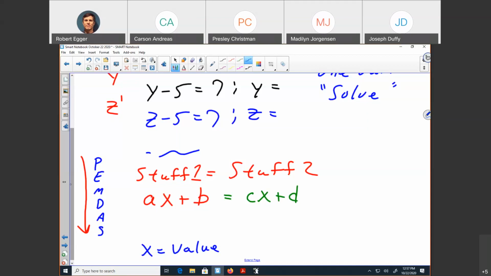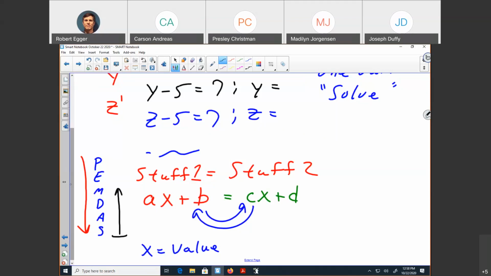I'm going to show you in a second, we're going to have to start moving things back and forth, left and right. When we're moving things across the equal sign, between the left and the right, we want to use order of operations, but now we go up from the bottom.